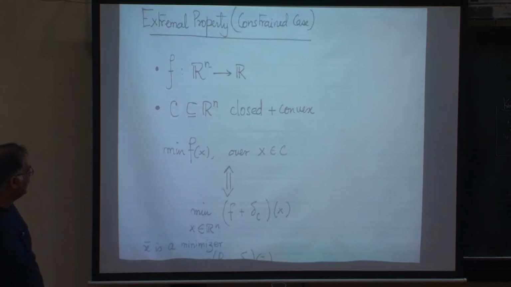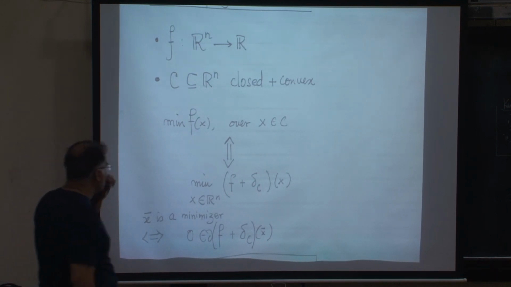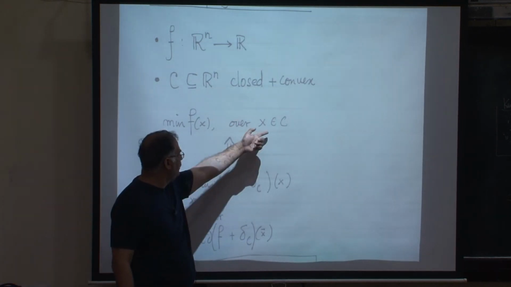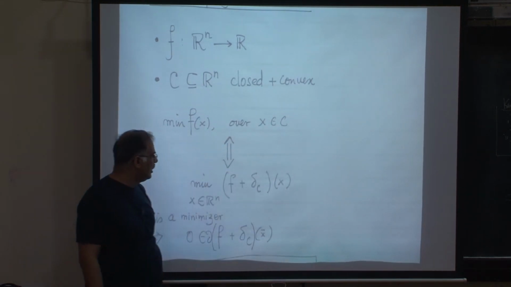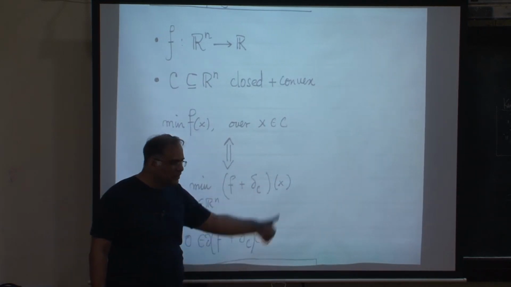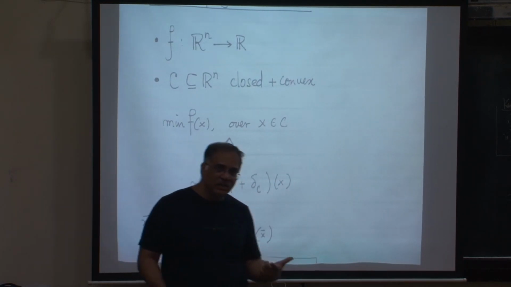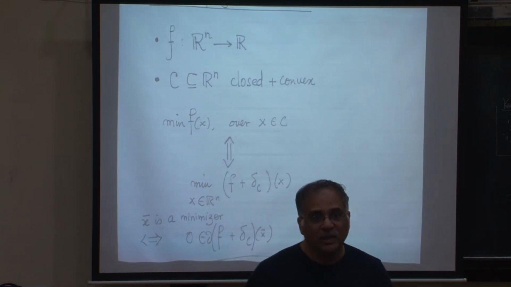So, the idea here is that we will make use of the indicator function. If I minimize this function f over the convex set C, it is the same as minimizing the function f plus the indicator function delta C of x over Rn. The indicator function acts as a penalty.